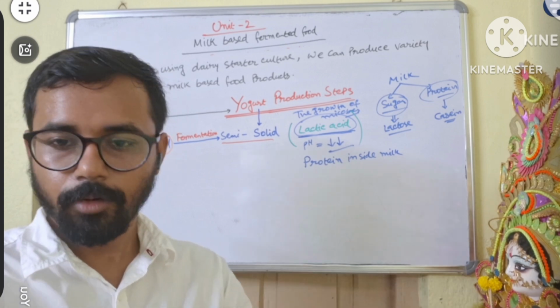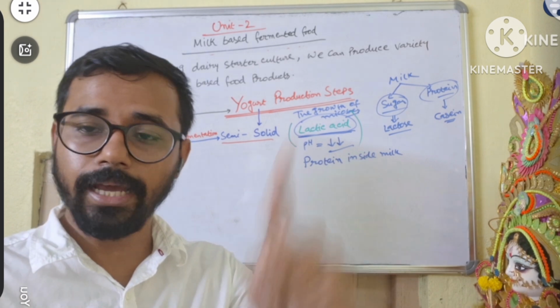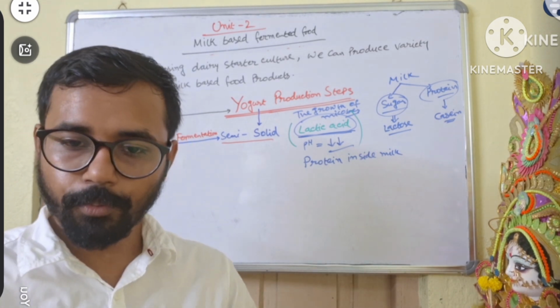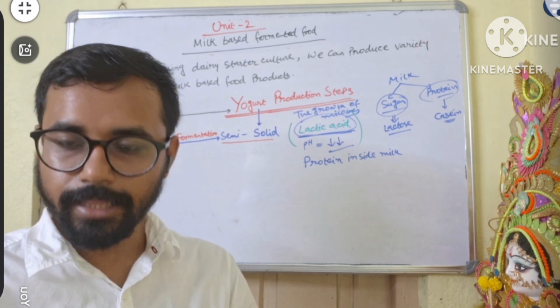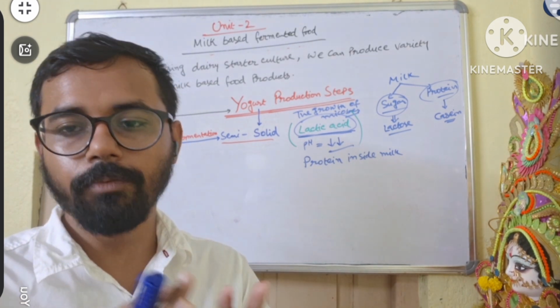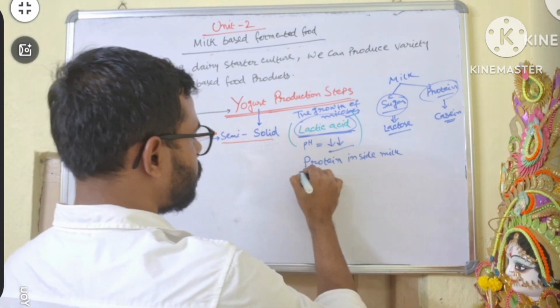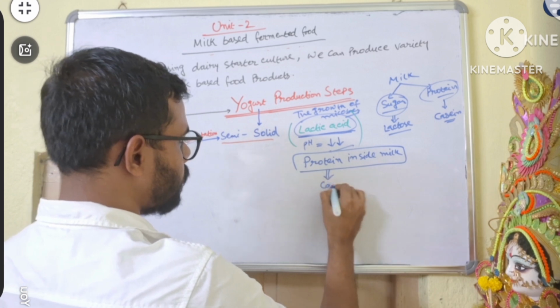So with the pH change, protein will not stabilize now. Protein is stabilized at a pH where alkalinity is there, but now it becomes acidic. So the protein structure will be modified, and that is called coagulation of protein. The exact term is that acidic pH makes the protein coagulate.